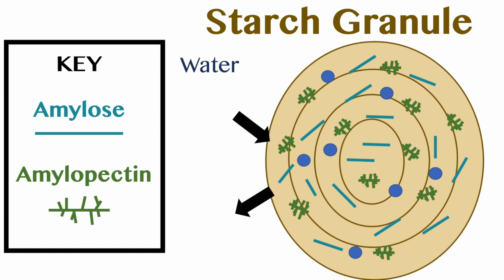These conditions are perfect for amylose, that linear carbohydrate, to sneak out of the starch granule. As more and more amylose molecules start to leave their starch granules, they bump into each other and form connections. Eventually, once there's enough amylose molecules, they form a really strong network.